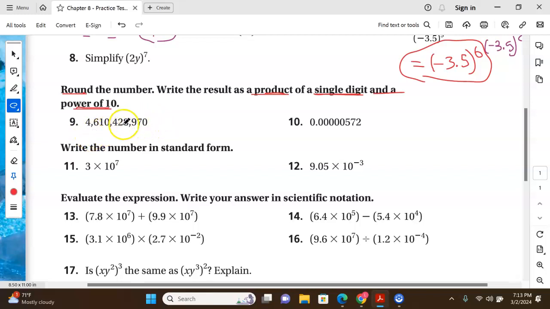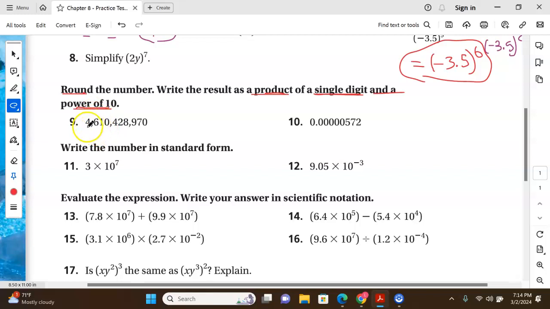1, 2, 3, 1, 2, 3, that's 6 digits. 1, 2, 3, that's 9. So this number is what? 4 billion, right? 4,610,428,970. That's 9 digits after the first. 1, 2, 3, 4, 5, 6, 7, 8, 9.